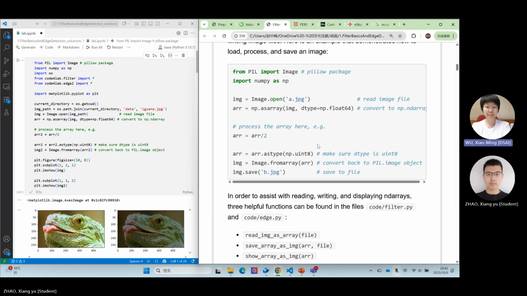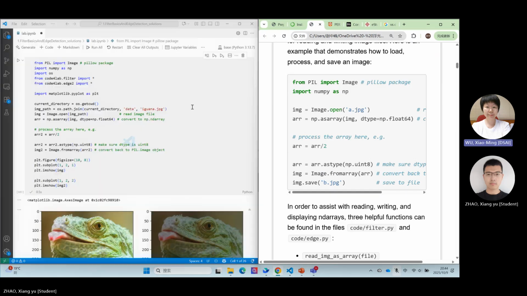This is an example from the code. We use the Pillow package to open an image, then we use NumPy to process the array, and then we use Pillow to save the image.